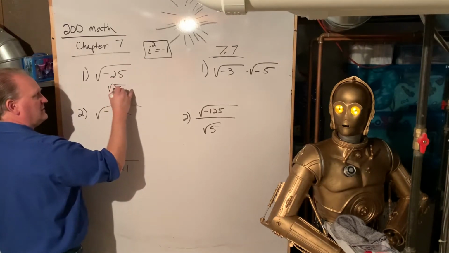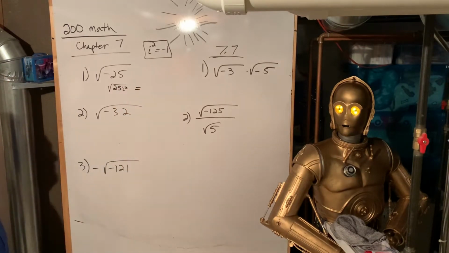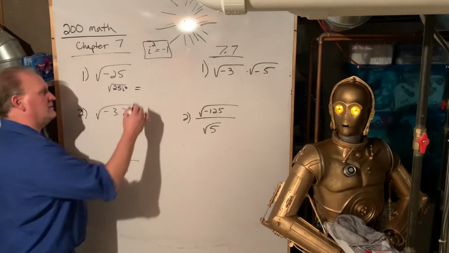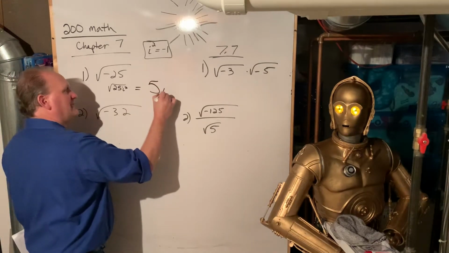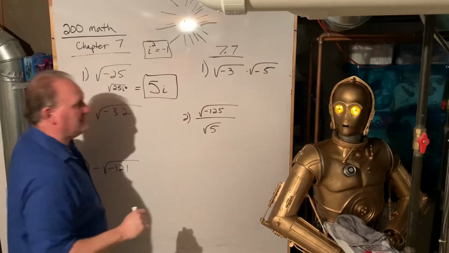So this becomes 25i squared. And now I just do it like how I would do that if it was a variable. If it was 25x squared, the square root of 25x squared would be 5x. Since it's 25i squared, I take the square root and get 5i, knowing that i is the complex number, imaginary number.